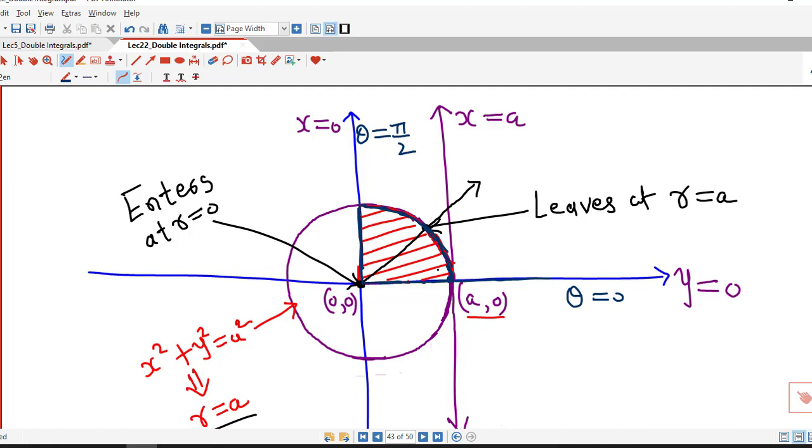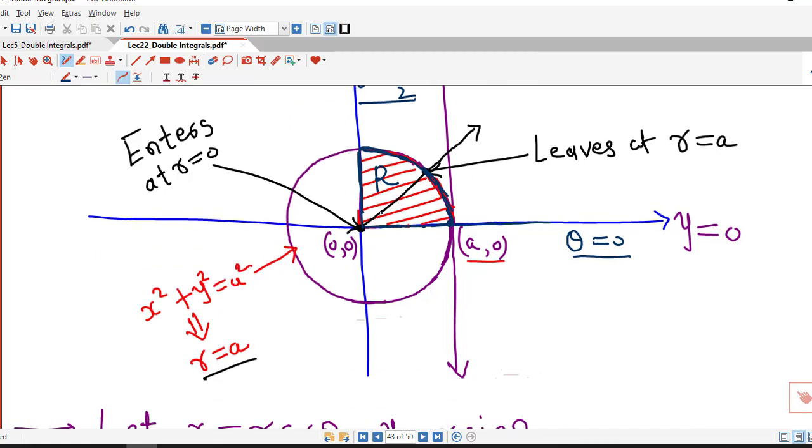So theta equal to 0 and theta equal to pi by 2 bound the region of integration R. So the smallest possible value of theta is 0, the largest possible value of theta is pi by 2, and which bound the region R. So limits of theta are from 0 to pi by 2 and r is from 0 to a.